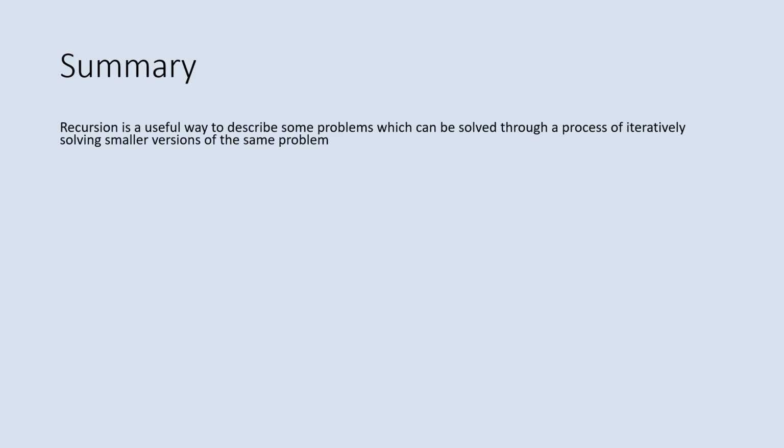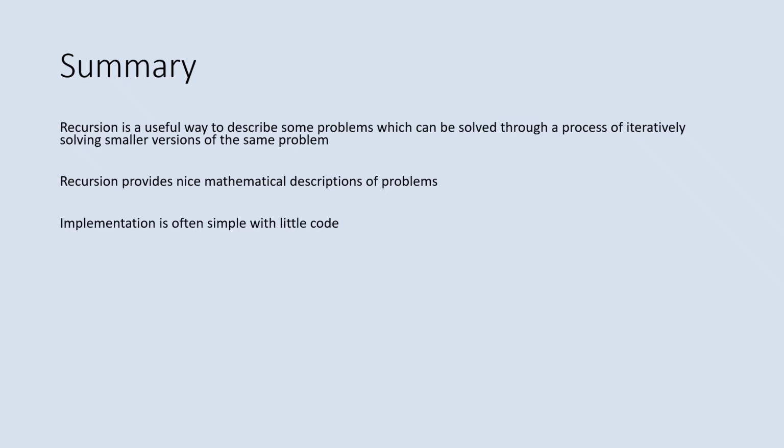So when there's a repetitive process that involves smaller versions of the same task, recursion is often a useful tool. What it can do is it provides a nice mathematical description of the problem at hand, and then we can often implement that with very simple code, maybe very little code.